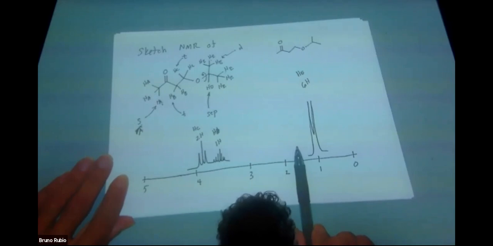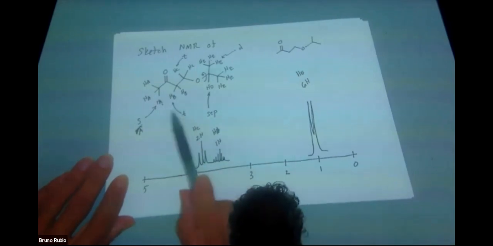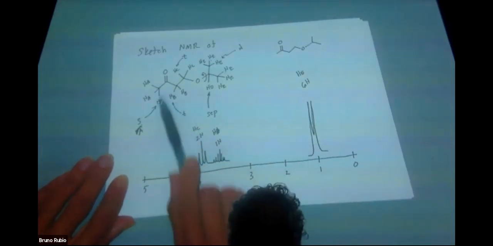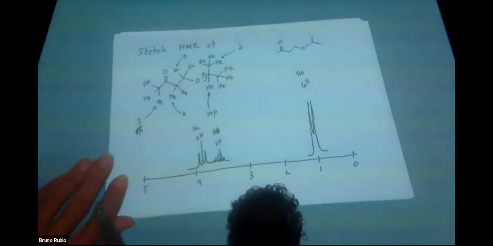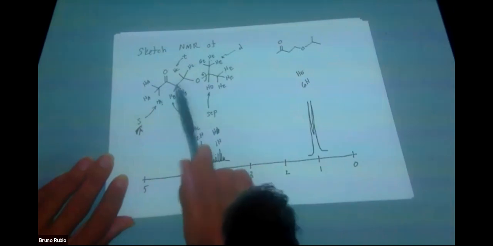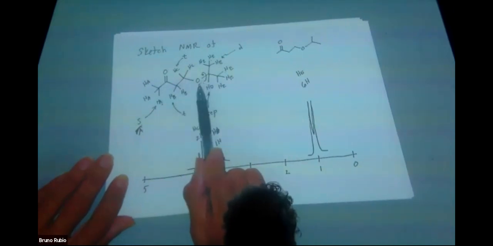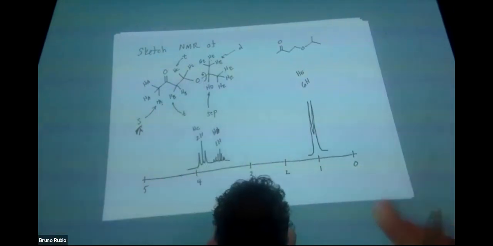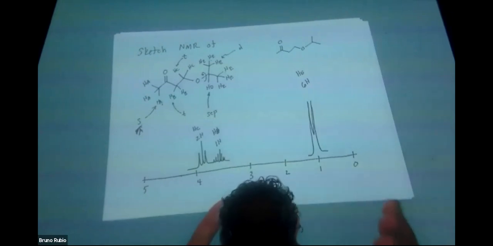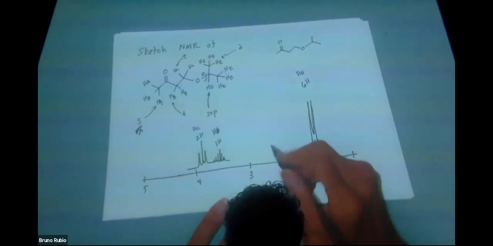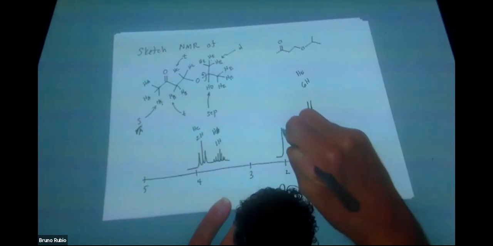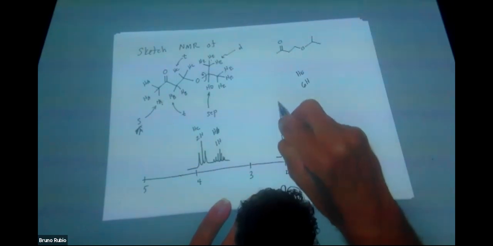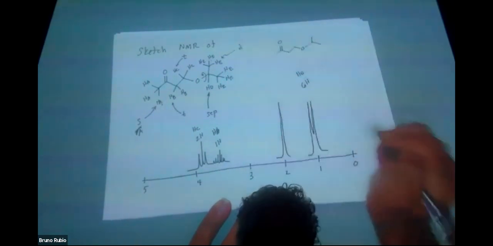Yeah, it's going to be the HA, because the HA and the HB are equally far away from this oxygen. They are equally far away from that multiple bond, but the HB are closer to the second oxygen. So it's going to be an upfield HA at around 2 ppm. And it's going to be this big, huge, majestic singlet caused by 3 hydrogens.